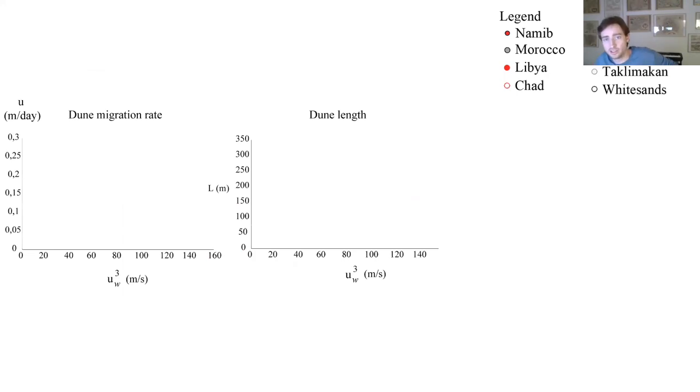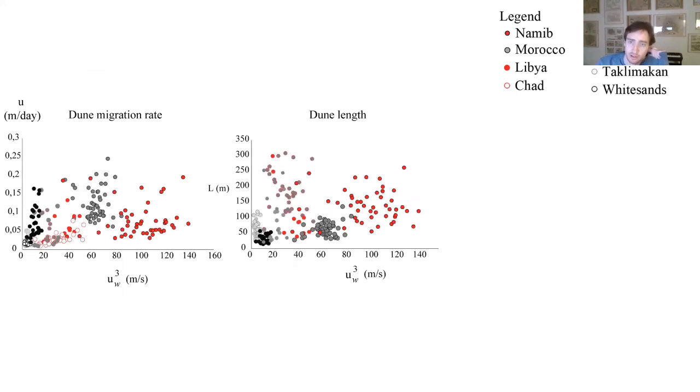Now, just to show you that this is not trivial at all, I've also made some plots of the exact same dunes, but this time I've compared them to other factors. So the plot on the left shows you the relationship between the wind speed and the speed of the dunes. And there's absolutely no correlation whatsoever.